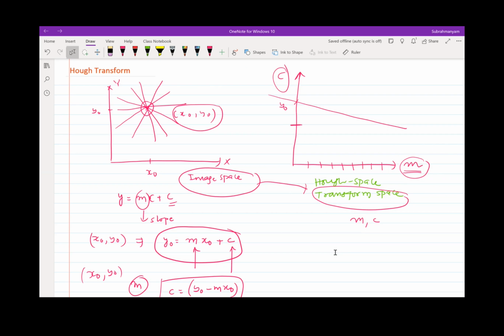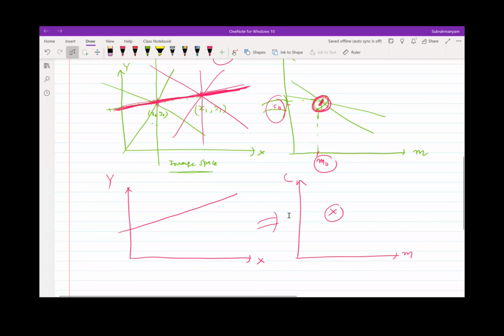If you take multiple lines passing through a given point in the image space, then all these points would correspond to a straight line here. On the contrary, if you have a straight line here, that could be simply represented by a point.